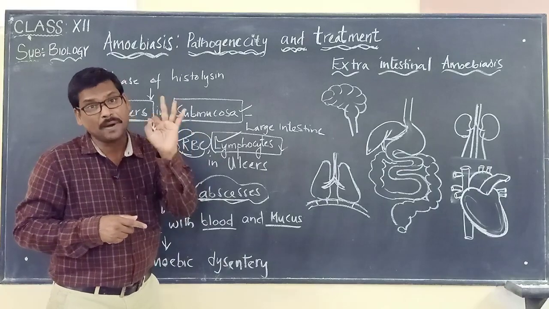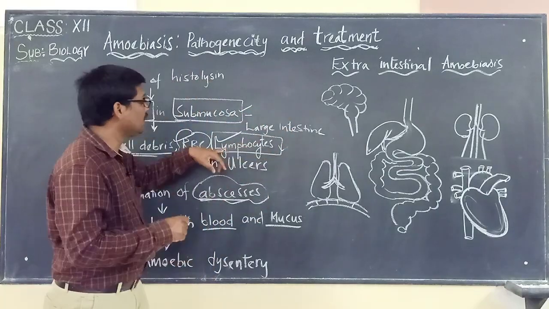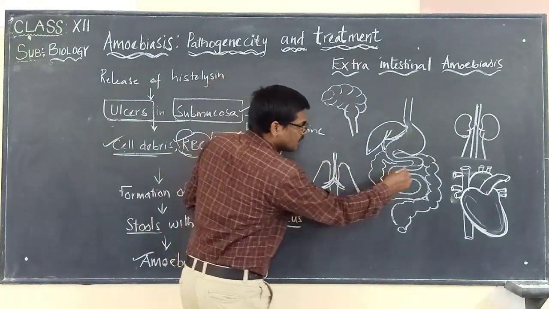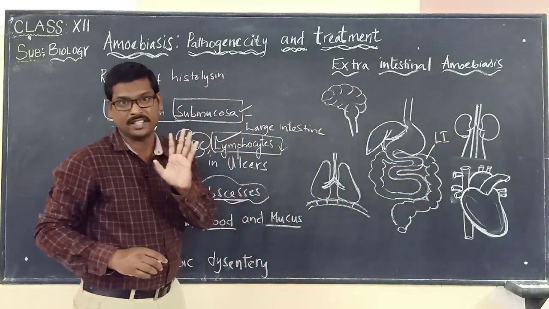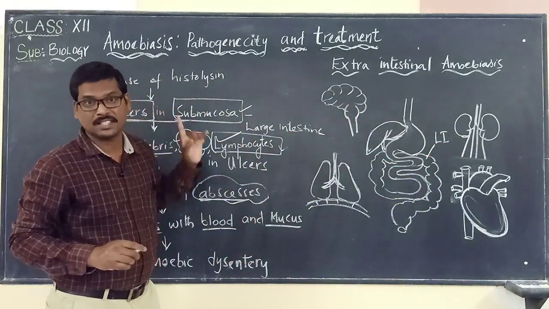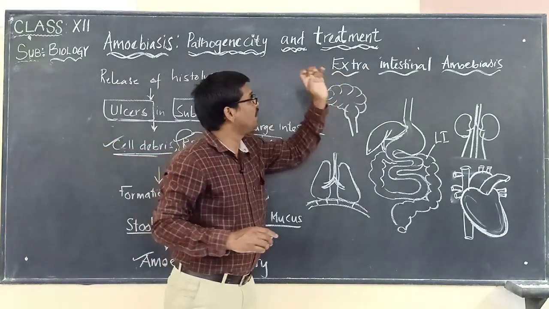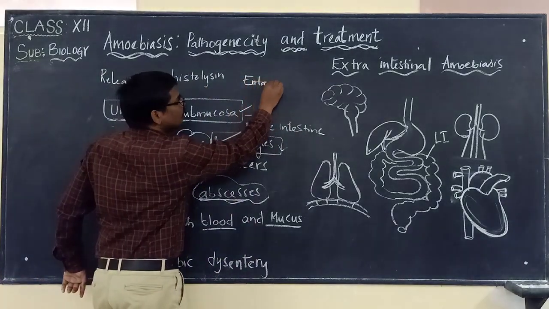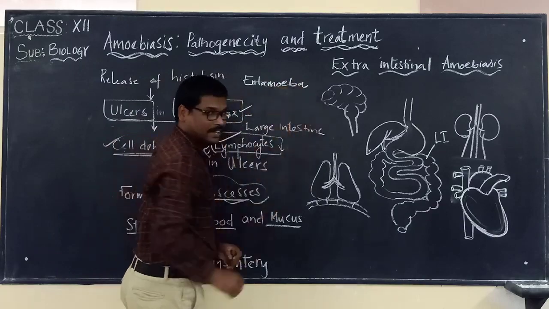The primary part of the body affected in amoebiasis is the large intestine. So here we can say that this is what? The large intestine. It attacks, causing amoebiasis. But in some cases, the Amoeba histolytica may travel through the blood.